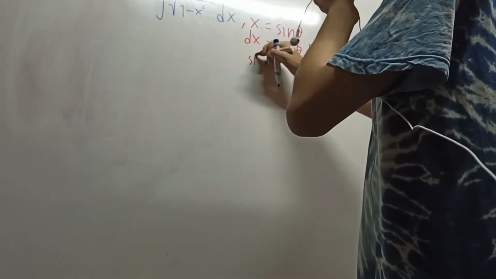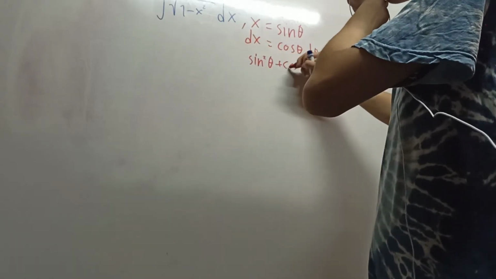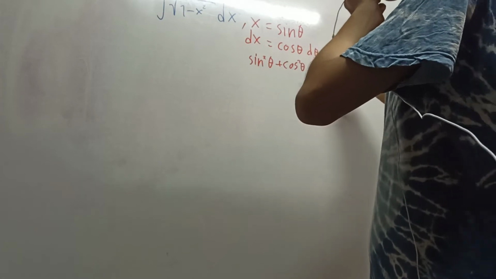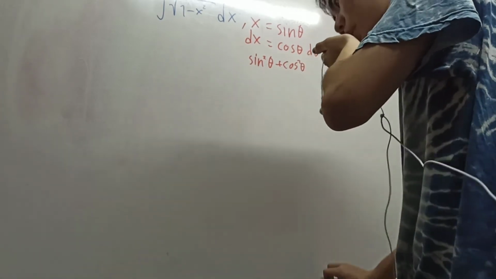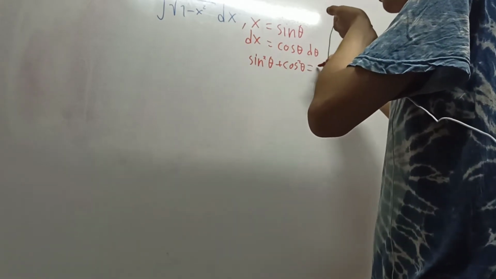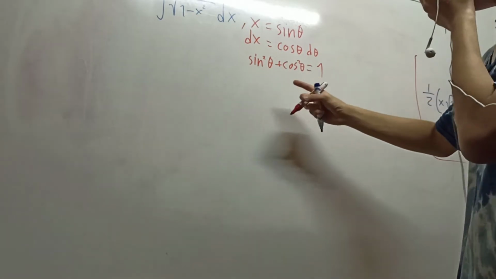The identity is sine theta squared plus cosine theta squared equals 1 always. This is a trig identity. It's a really easy one to remember though.